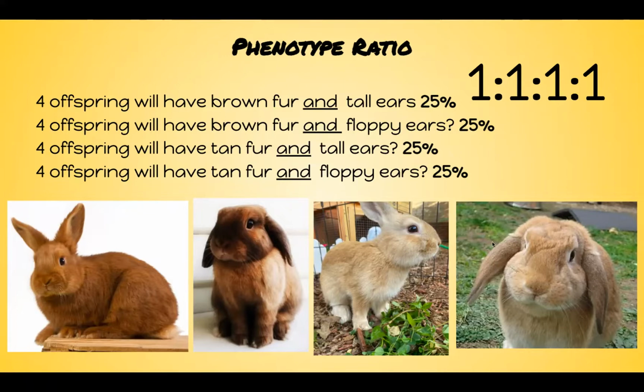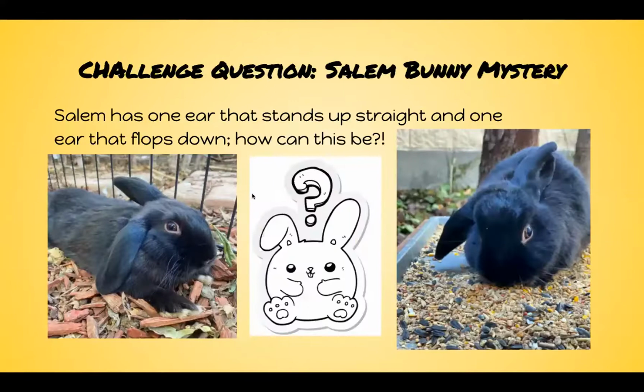That's 25%. So the ratio is 1 to 1 to 1 to 1. Boom, simple. So 25% chance that you're going to have one that looks exactly like Peanut Bunny, and 25% chance that you will have one that looks like the Mama Bun. Simple as that. So my last question before I send you off is, I have a bunny mystery.